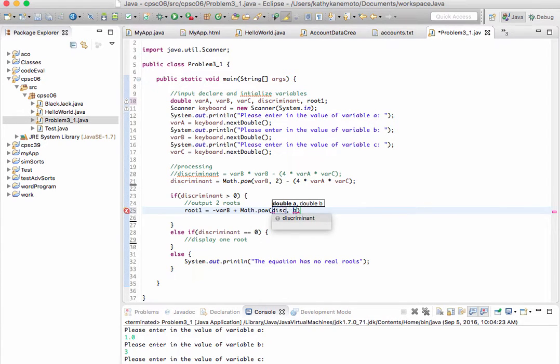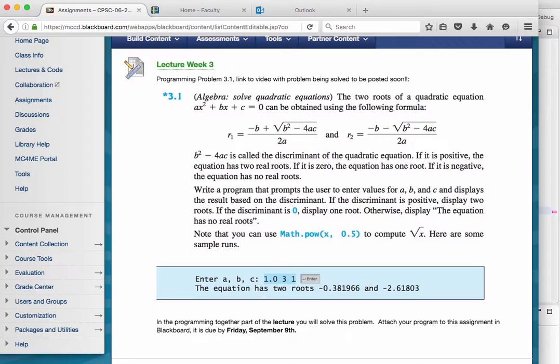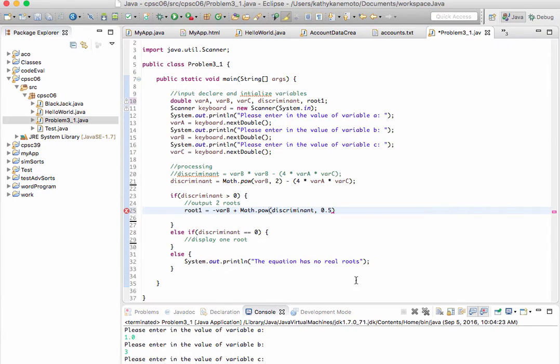In here we'll put our discriminant. Remember to copy and paste when you can. And then our second argument, we'll give it a 0.5. That'll take the square root of our discriminant, which is our b squared minus 4ac. Now we want to take this whole value and put it over 2 times a. So remember your parentheses.